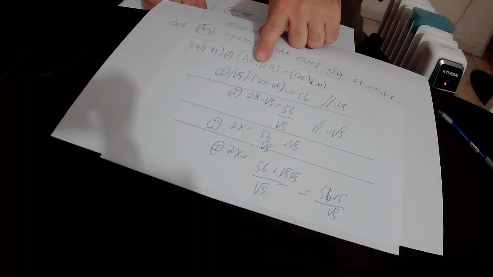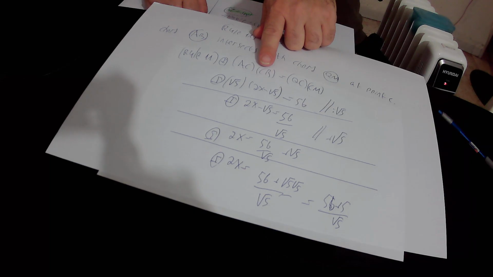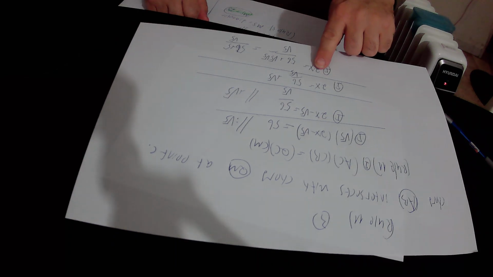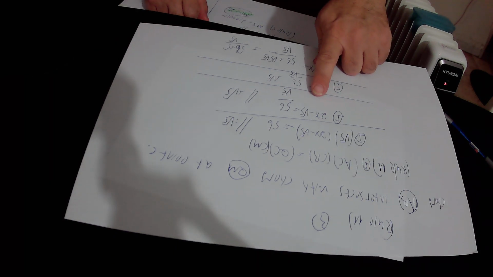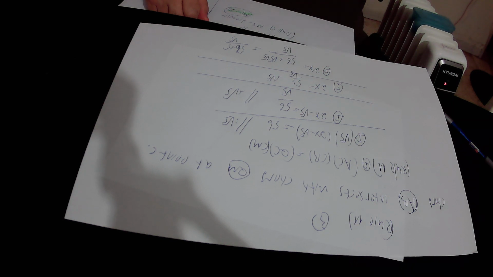Here we divided equation number 1 by the square root of 5, and finally found out that 2x minus the square root of 5 equals 5b over the square root of 5.